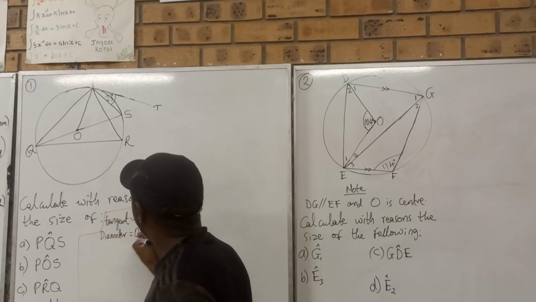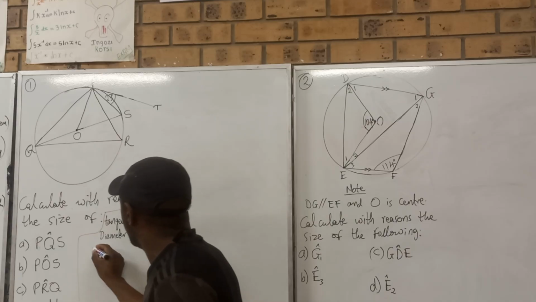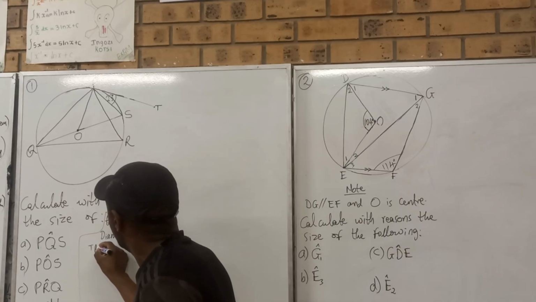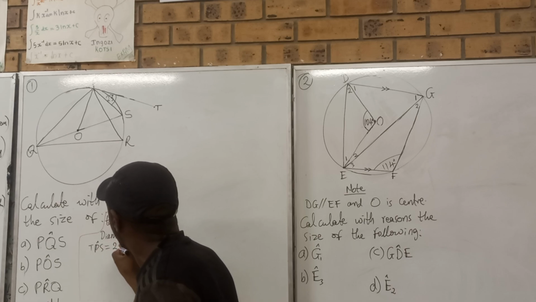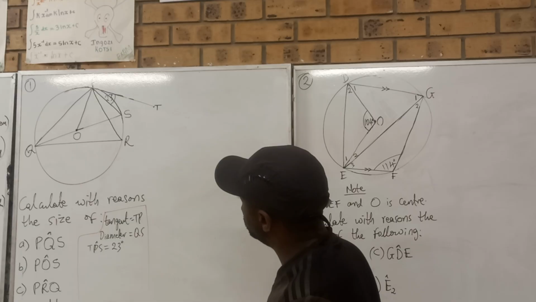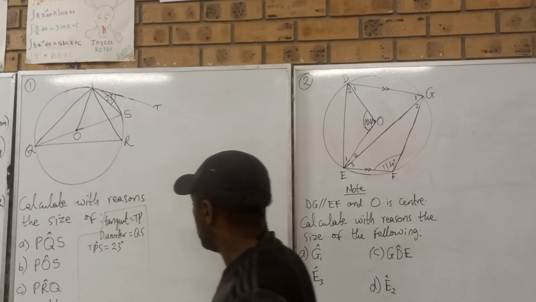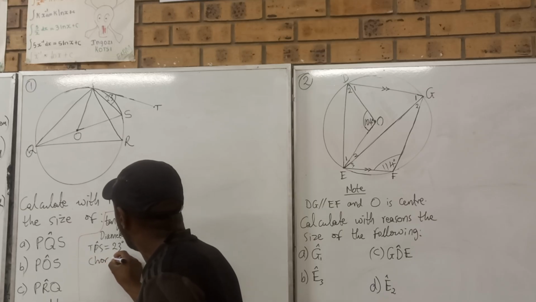which is QS. Then we can also pick from the diagram that TPS is an angle which is 23 degrees. Then what else do I see in this diagram? I see a lot of chords in the diagram.